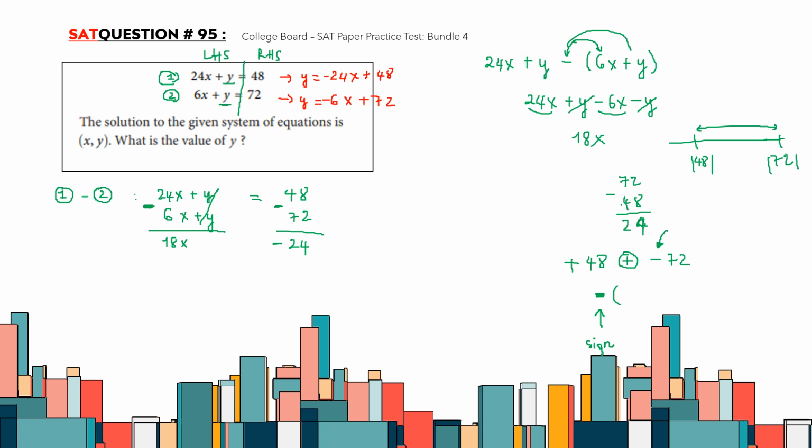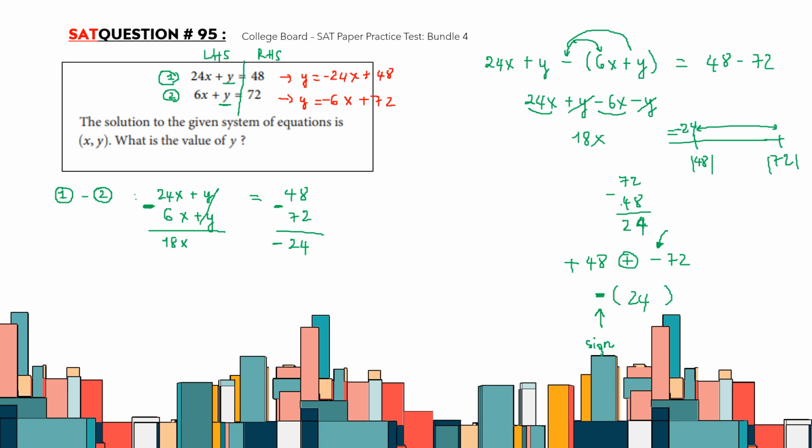So we take 72 subtract 48 and have 24, and that's why we have negative 24. On this side, 48 minus 72 is equal to negative 24.